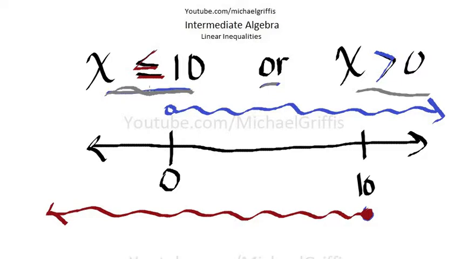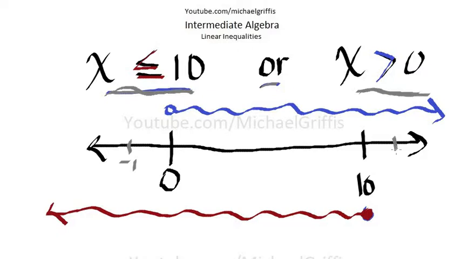Options, I like options. If I were to pick a number here, let's say -1, -1 is less than or equal to 10. Well, that's true. But -1 is not greater than 0. But it only has to satisfy one of them.